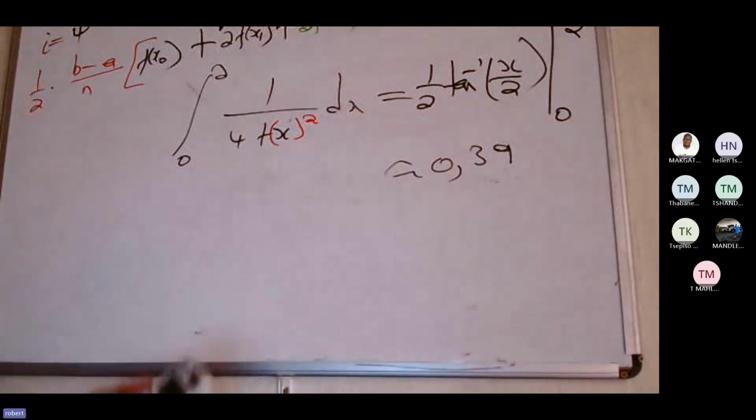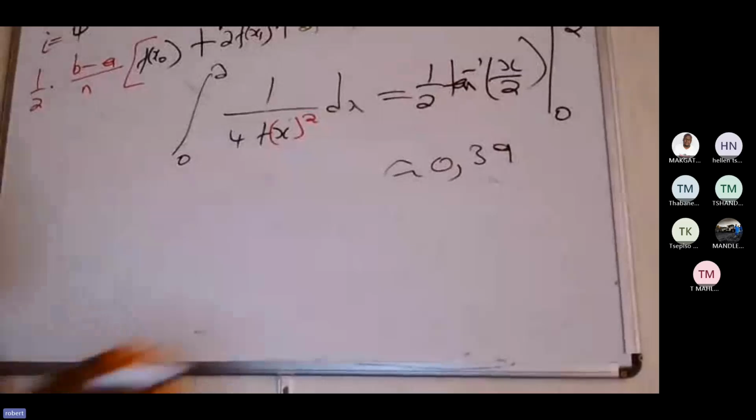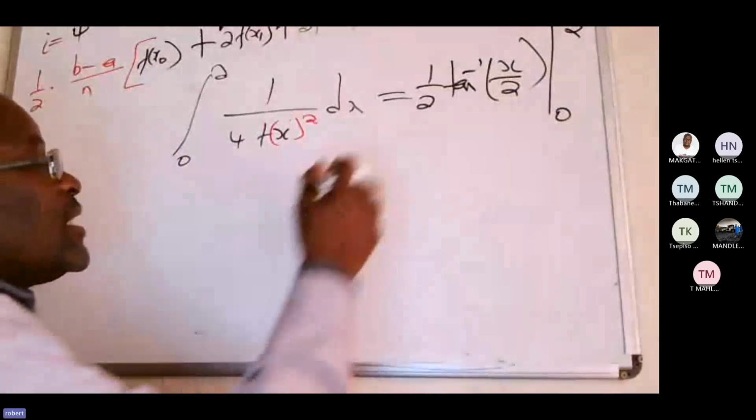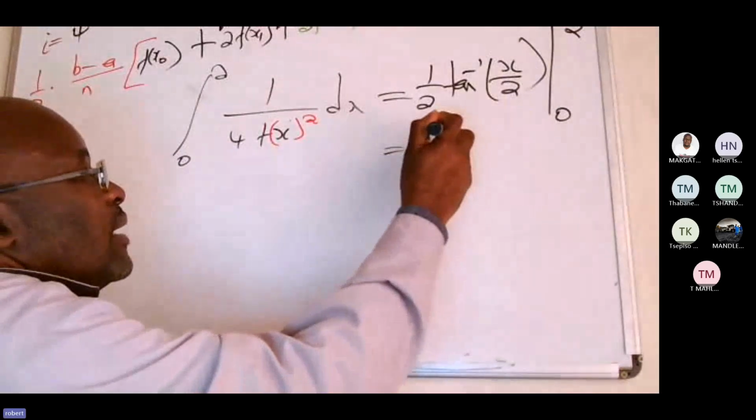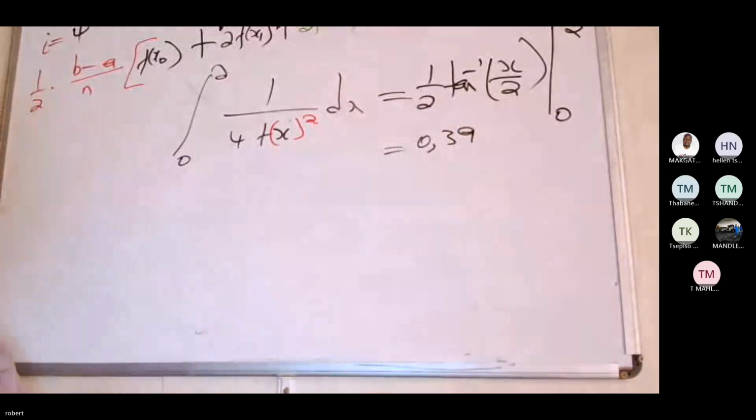Is pi over 8 approximately 0.39? Let me just check. Yes, that's correct. The answer is this. Let us just say 0.39.